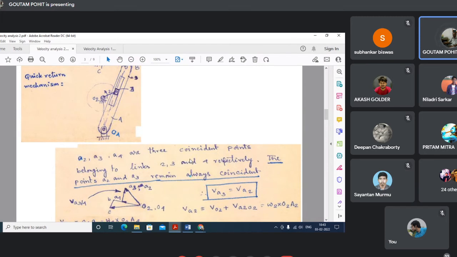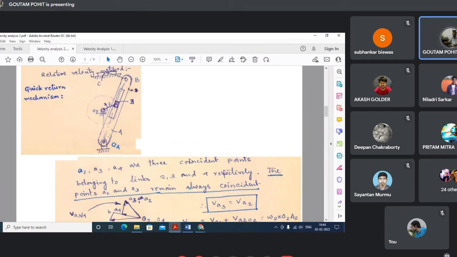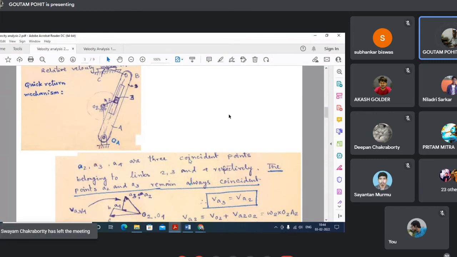Okay, so we can find out the point B. That means O2B will be given the velocity of the point B with respect to the earth. And how do we find the velocity of C? See, the velocity of C will have an absolute velocity direction in this direction, because it is guided to move in this direction. So we draw a line, the absolute velocity, from here. This line will be a horizontal line.